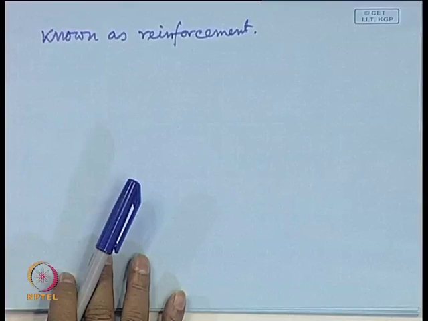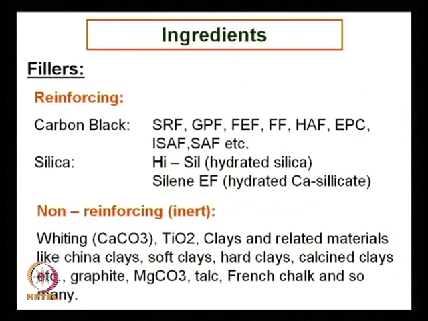The examples are calcium carbonate, titanium dioxide, various clays, different grades of clays available in the market, commercial clays, China clays, soft clays, hard clays, calcined clays, graphite, magnesium carbonate, talc, French chalk. These are used as inert fillers, and it is good for their dispersion if they are modified with some organic material, then it becomes easy for incorporation and dispersion in a rubber compound.